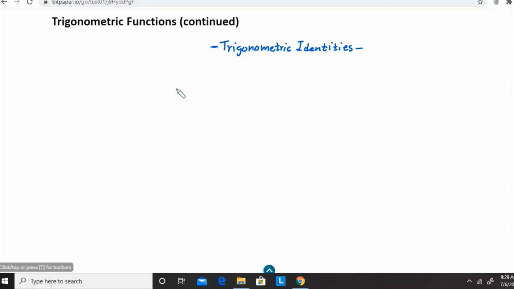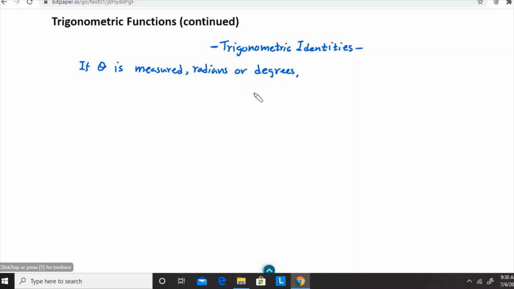Okay, let's look at some trigonometric identities that will be useful in our course. When you are using these identities in solving problems, you don't need to derive them or prove them. You can simply use them. So let's consider theta, where theta is an angle, measured in either radians or degrees.